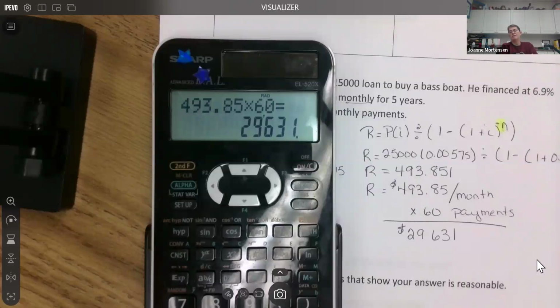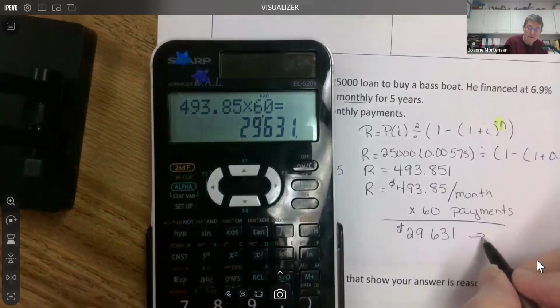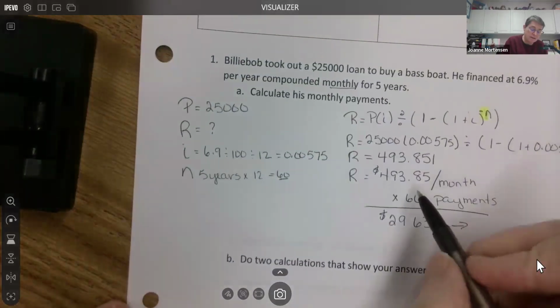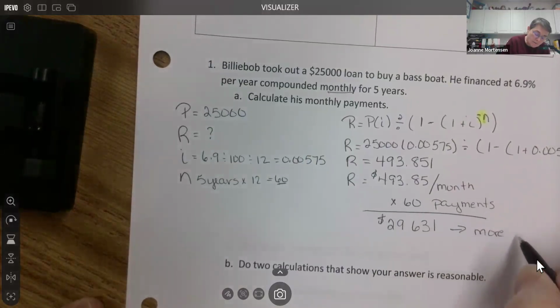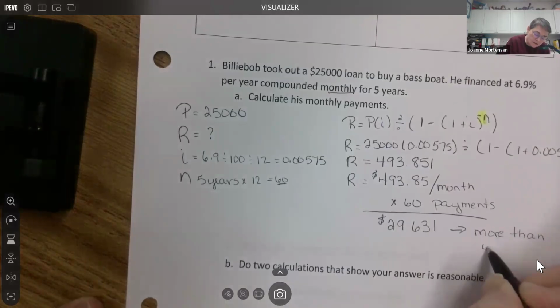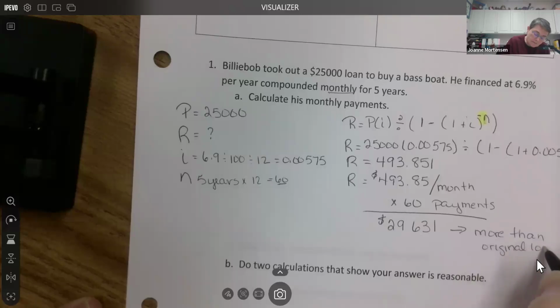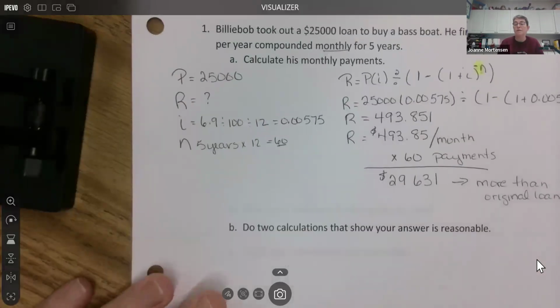The loan was only $25,000 and now he's paying the bank $29,000. What's the magic word? Yes, interest. So this is how I check if it's right. When we take the monthly payment times the number of payments, it needs to be more than the original loan. Okay, it has to be. So that's one way you can do it. So that answer seems reasonable.